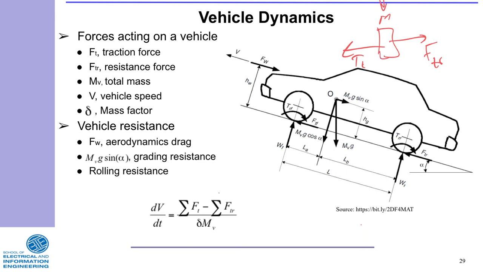But if the tractive force is greater than the resistance forces, then you will have acceleration. Now, if you were running at a particular speed, and then the tractive force and the resistance forces become the same, then the vehicle will still be in motion but will not be accelerating, right? And that's what we call coasting, right?